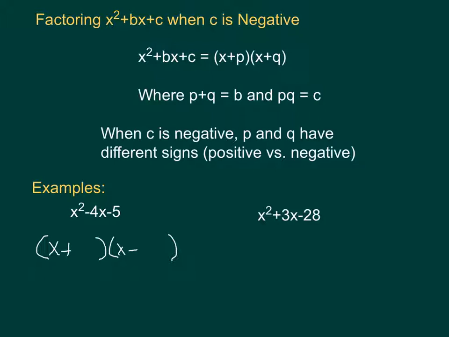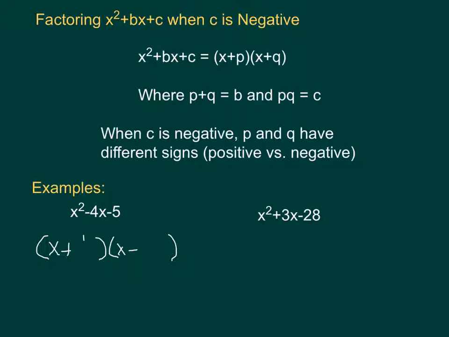So now we just need to figure out what numbers multiply to negative 5 and add up to negative 4. Well, the fact that they're multiplying to negative 5 is represented by the fact that we have one positive and one negative. And really the only way to multiply to get 5 is 1 by 5.